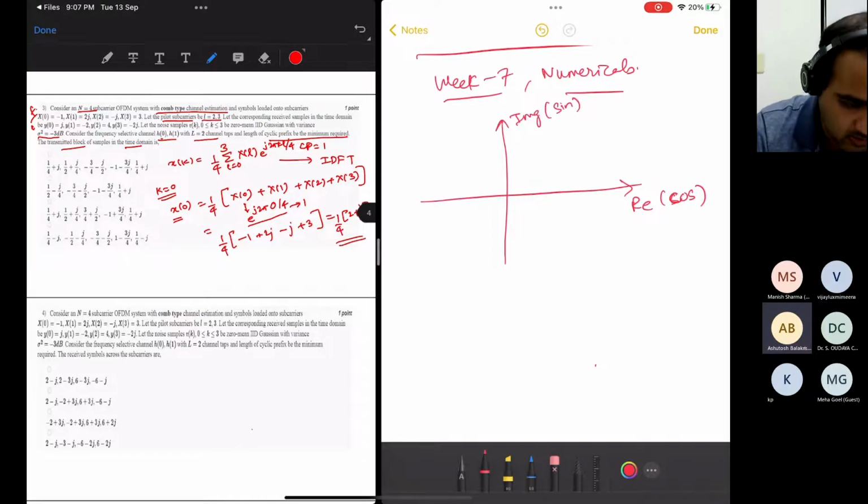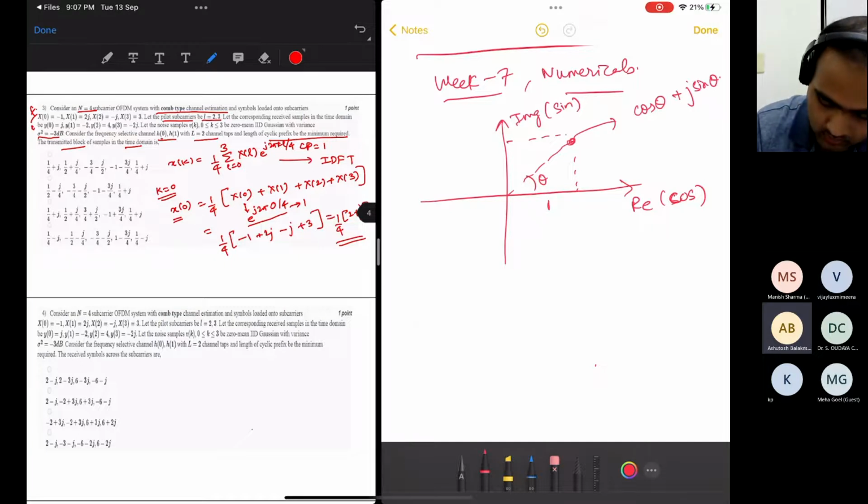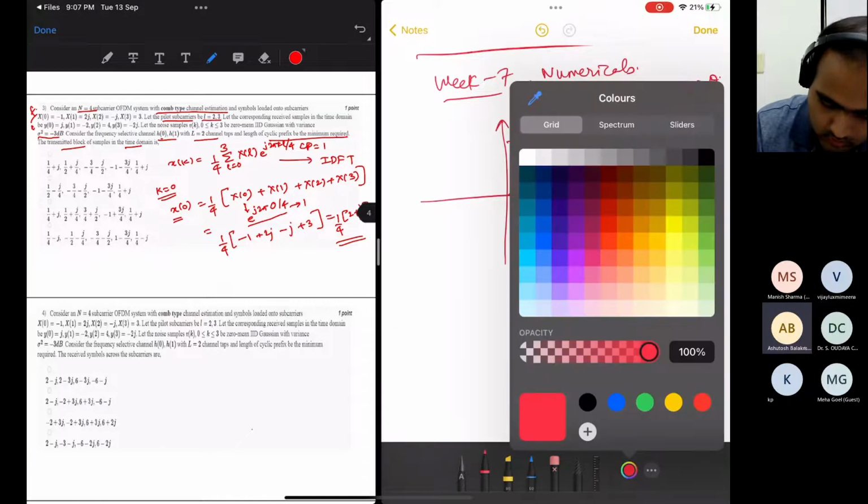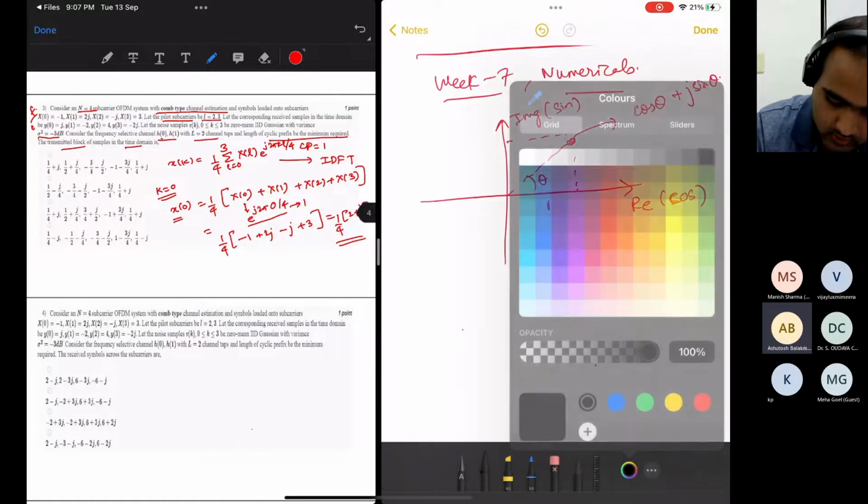And if you have, say, this is 1, any point will be cos theta, say this is theta, plus j sine theta, right?